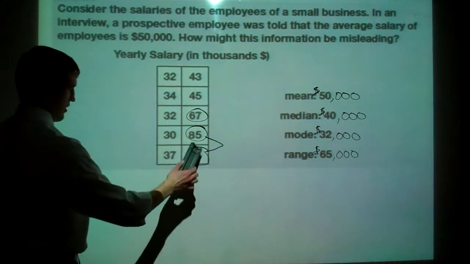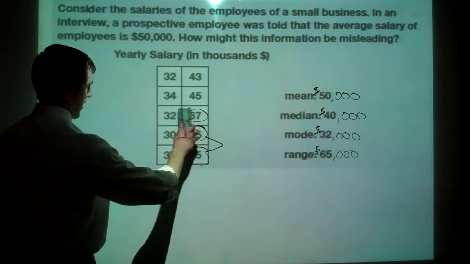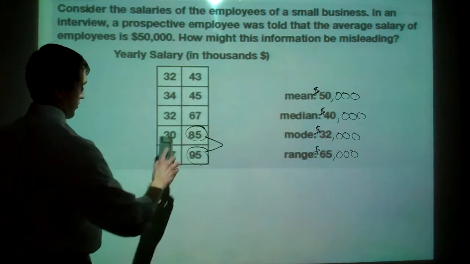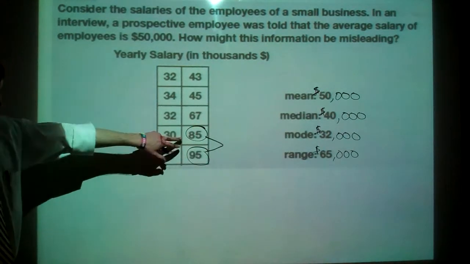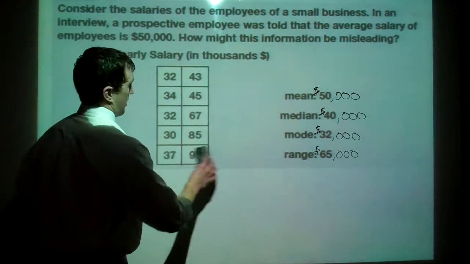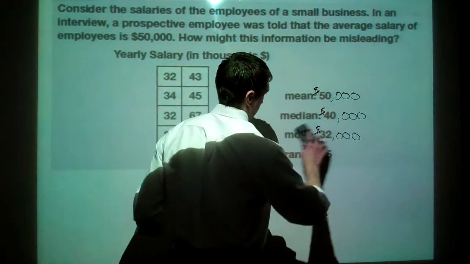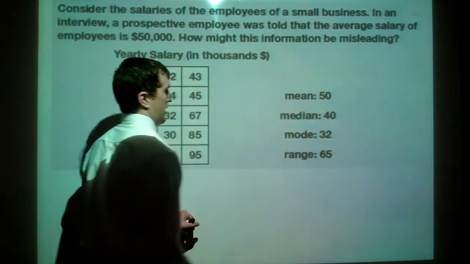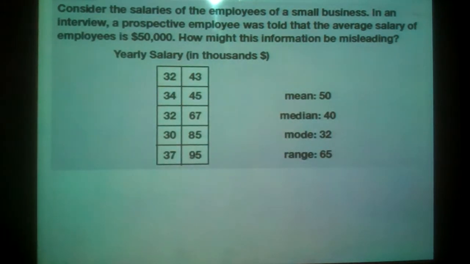But without these two in there, we would have a better representation with the mean. But since they are in there, the mean is higher than it should be. So yes, the average amount for these employees at least is 50,000, but that's probably not the best representation of what you can earn on average.